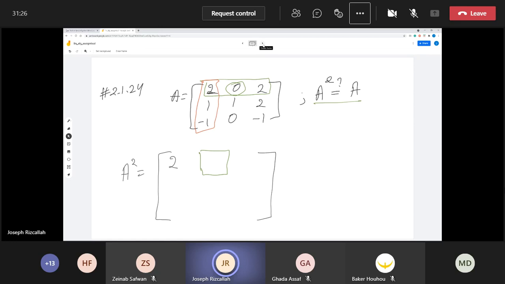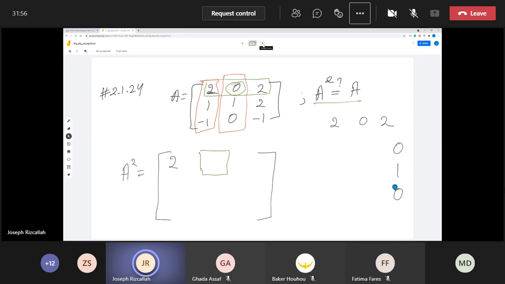The first row with the second column. Okay, so good. The first row and the second column. So the first row is already boxed. It's green, right? And now I should use the second column, this column here. Let's see, do we get a 0? So we are pairing this row with this column.